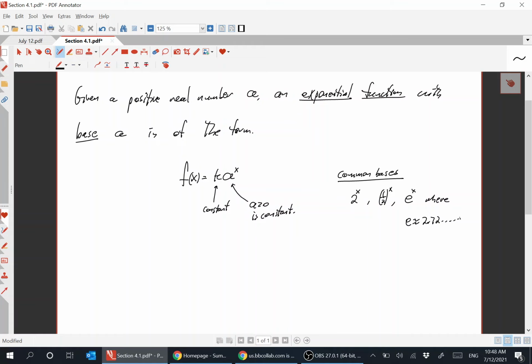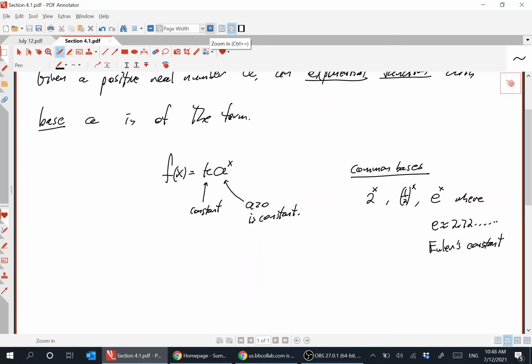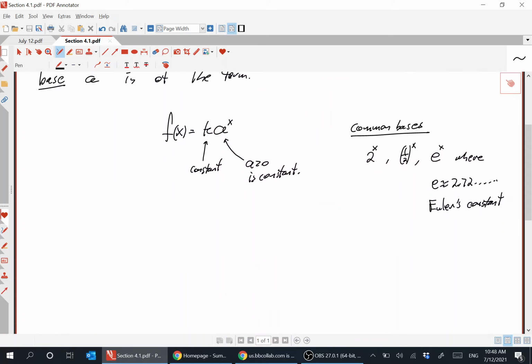It's another one of these special irrational numbers. What's special about it, you'll learn in calculus. It's a number that's got a special meaning to it with regard to derivatives. But we'll introduce it now. So e, this Euler's constant.